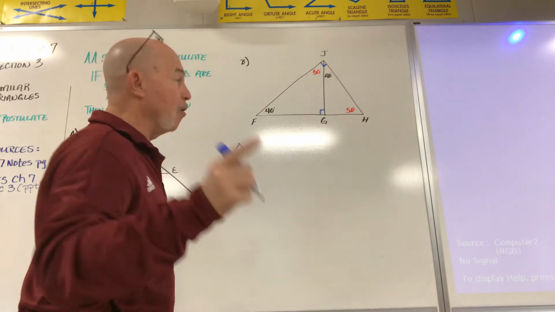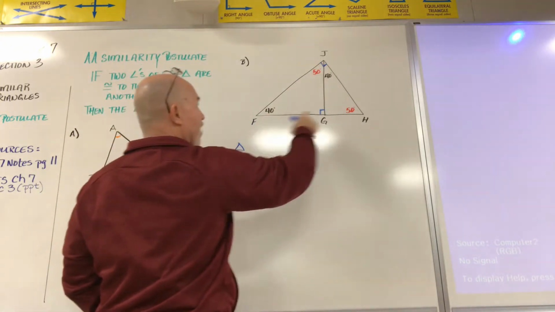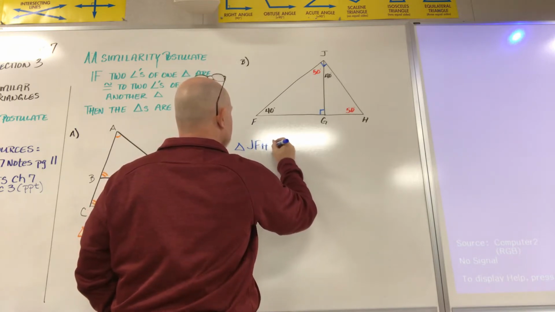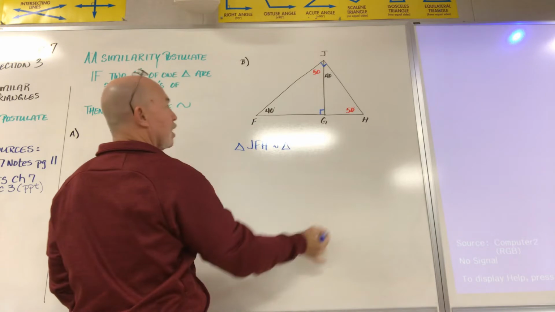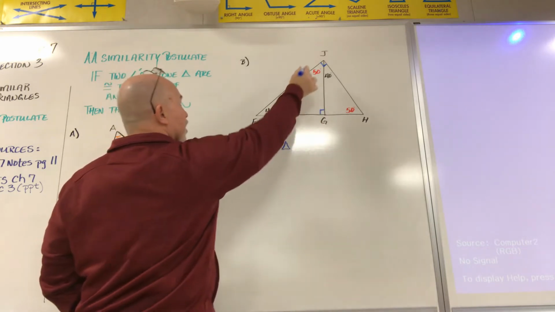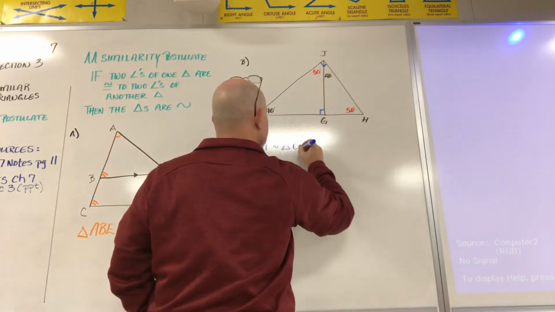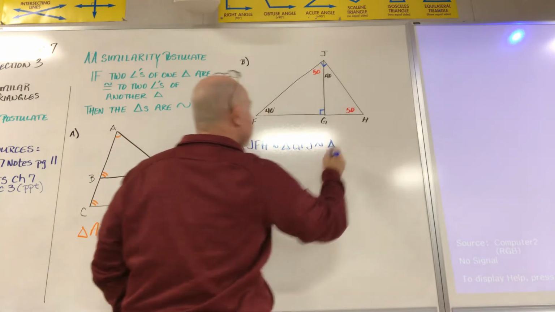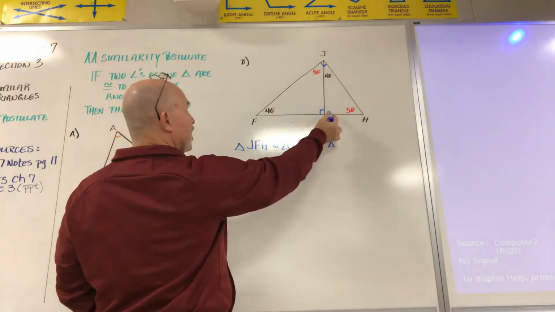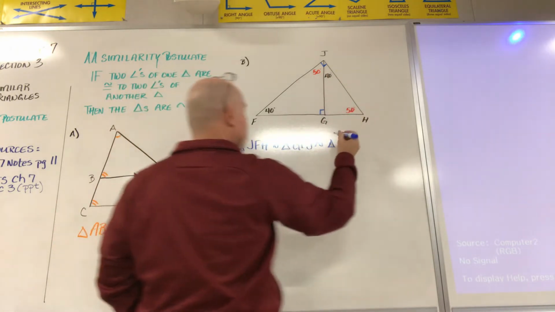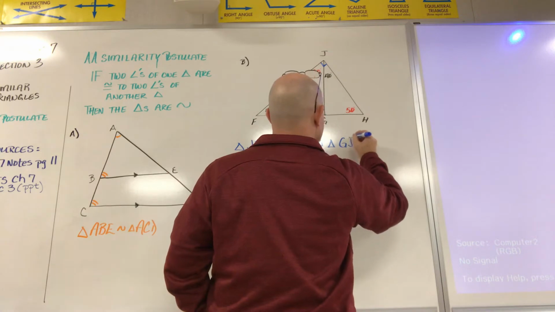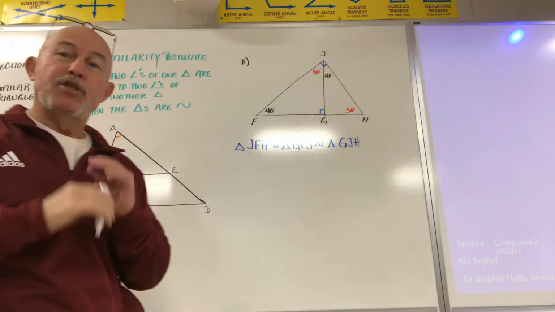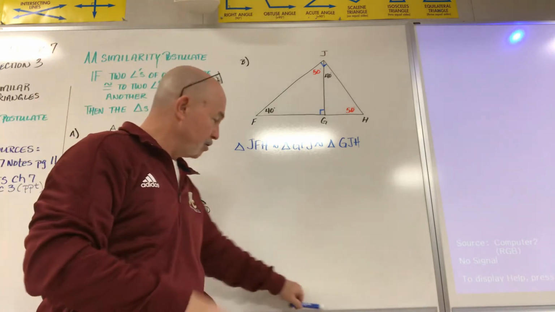So, triangle JFH, GFJ, GJH. There's the three similar triangles.